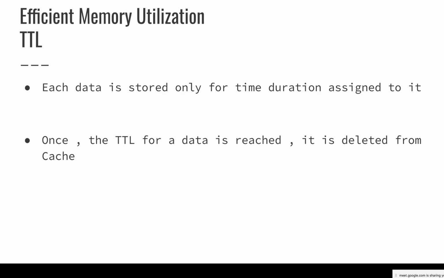For example, you store my profile in a particular cache and set a time duration of 1 week. Now, after 1 week, my profile will be automatically deleted from the cache. This way, all the older data gets automatically purged from the cache and newer data will find a place. This is called the TTL, that is time to live, mechanism.